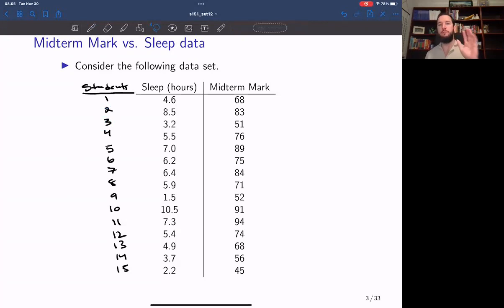Okay, so there's 15 students in this particular data set. Each student is emitting 2 values: the number of hours they slept the night before a midterm, and then their corresponding mark on the midterm. So we have 2 different variables.